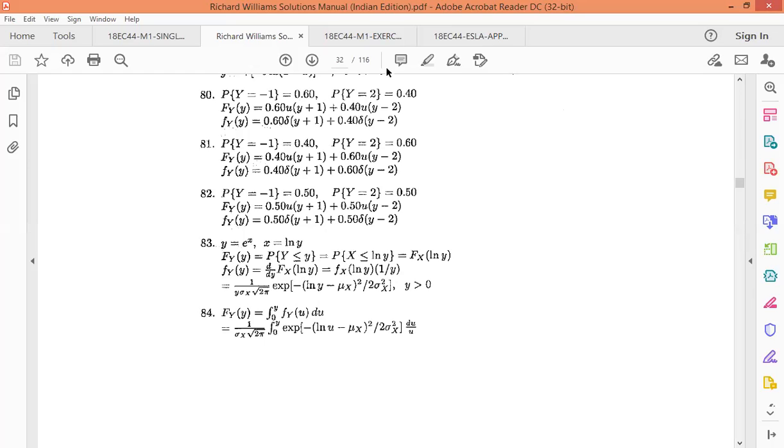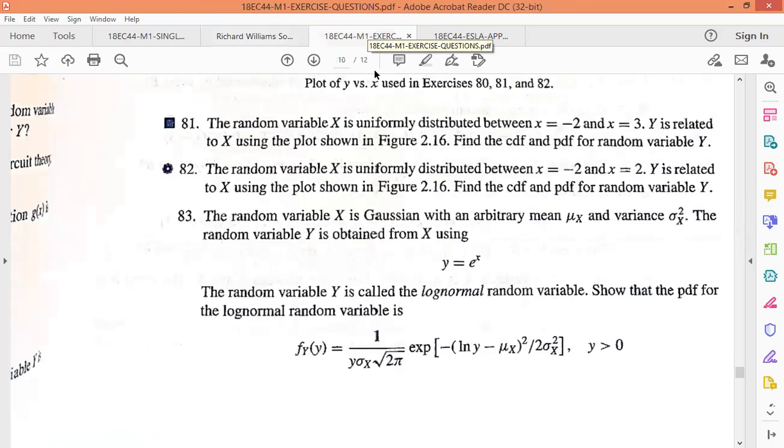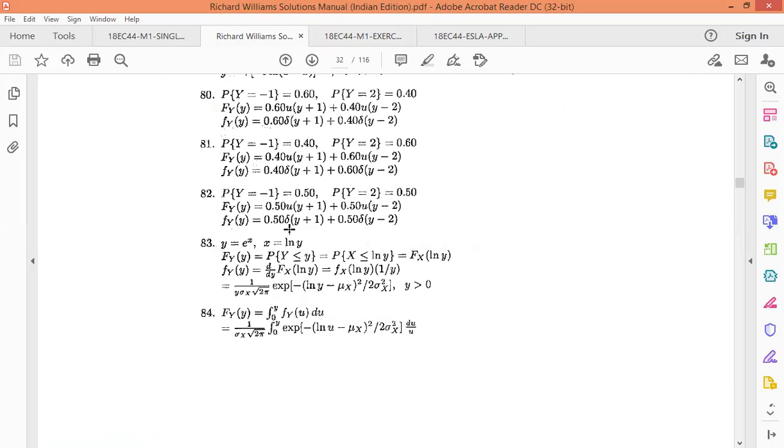And as the problem mentions, it is a Gaussian random variable. For the Gaussian random variable, we know that the PDF is expressed as 1 by root 2 pi e to the power minus z square by 2, right? Here z will take the value ln y. Since the mean and standard deviation are mentioned, in place of z square we'll be writing ln y minus mu x whole square divided by sigma x square, and the 2 will be there.